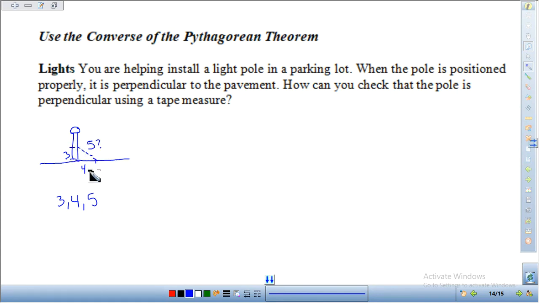So we can use that Pythagorean triple. We can measure 3 feet up, 4 feet over, measure that diagonal, and if it's 5, we know that it is going to be perpendicular.